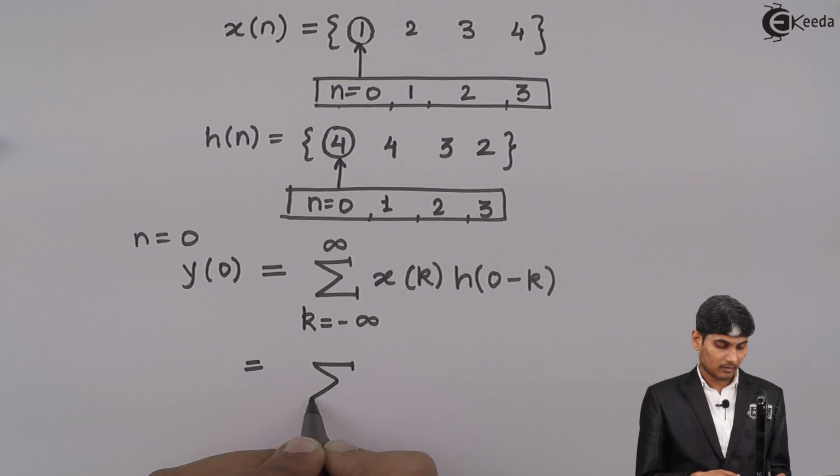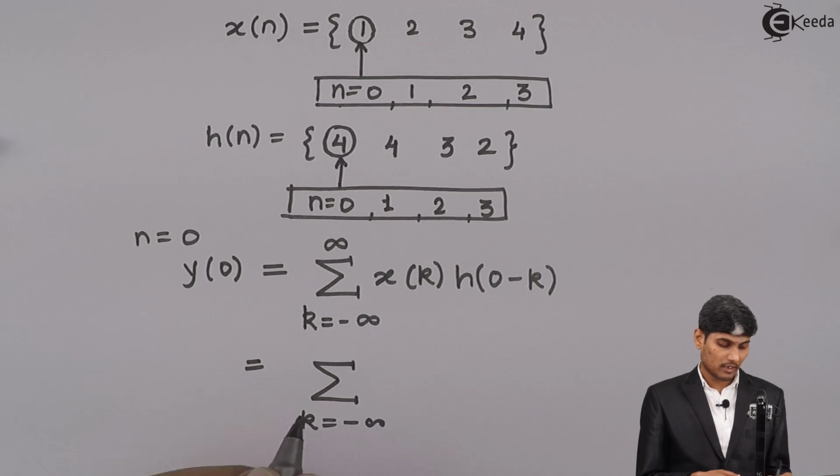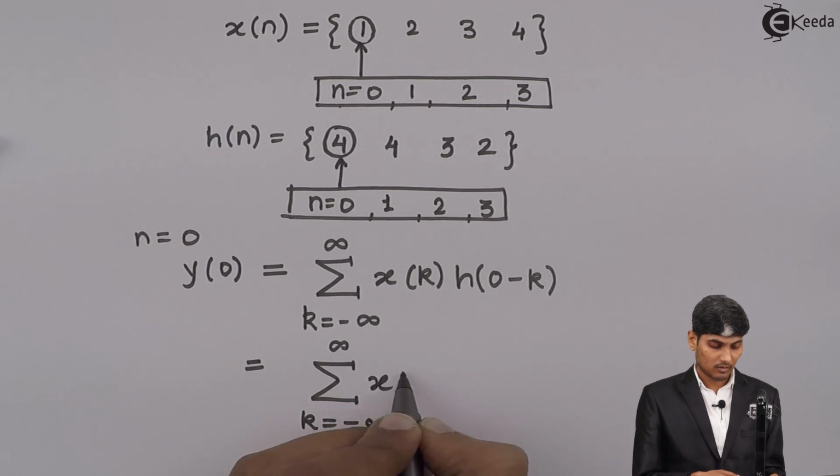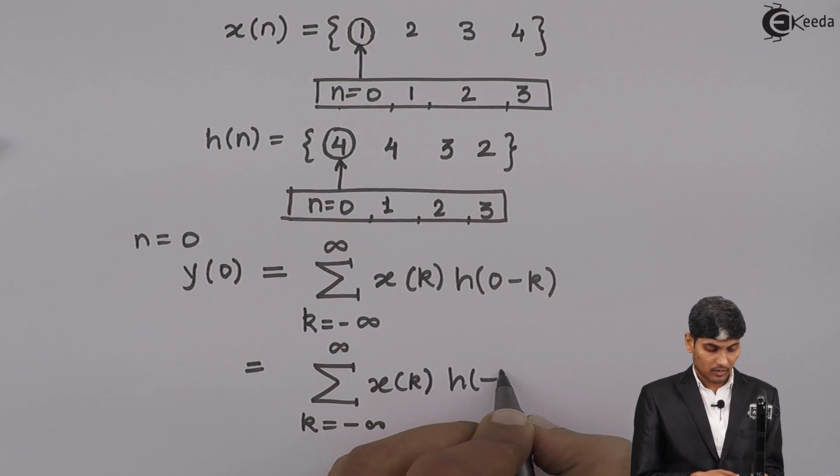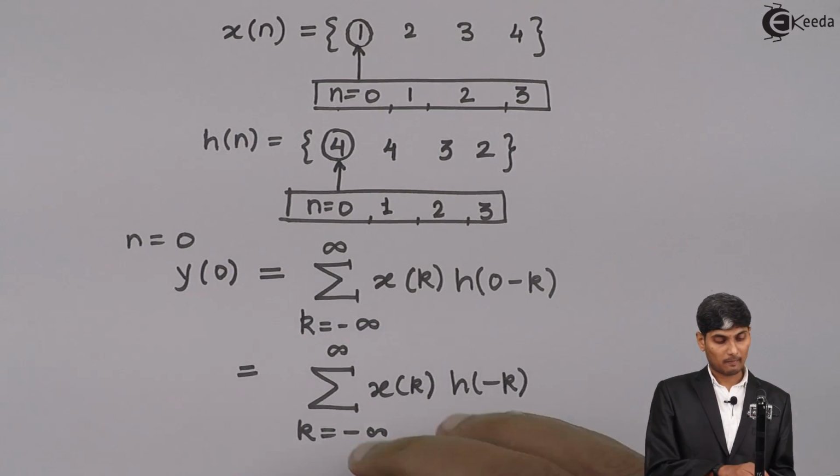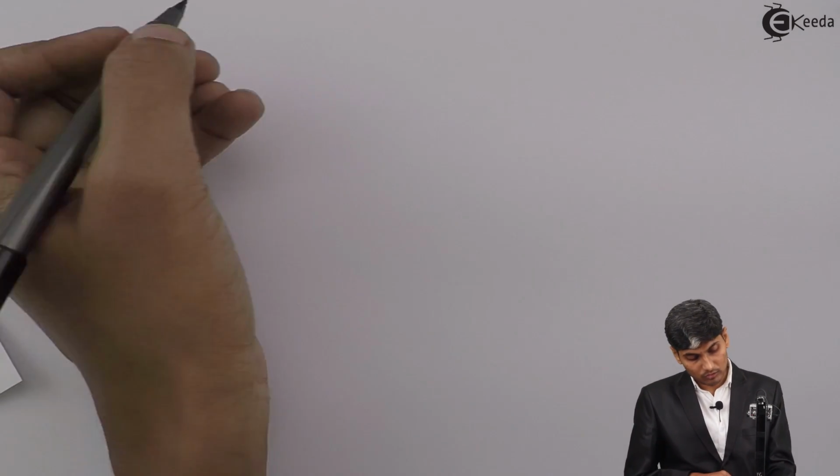Therefore, I am getting summation k is equal to minus infinity to plus infinity x of k h of minus k.